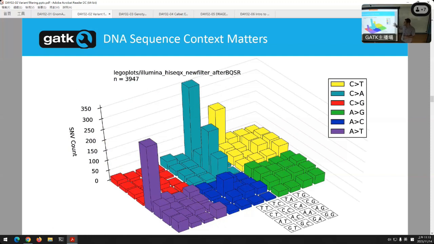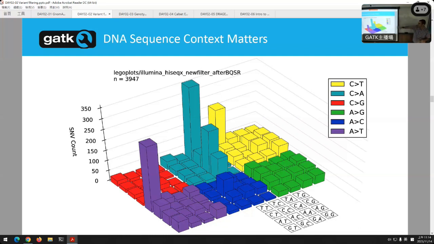Now, within each color, that bottom right key tells you what the bases around that are. So there's a big purple tower on the left. That means that when an A turns into a T, often there's a T on one side and a T on the other, and that's an error. So when you see a T and then a T and a T, usually the real thing is an A, more often than not.